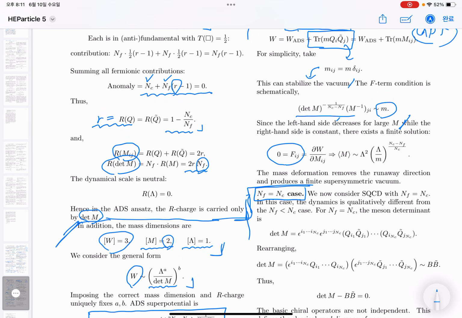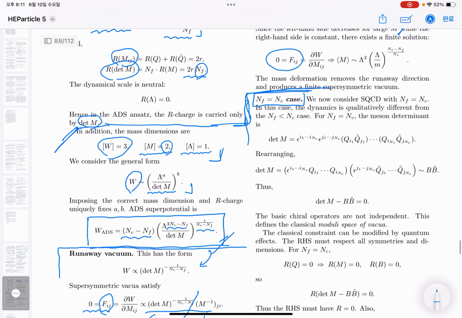Also, we can consider the other case rather than the inequality. If we consider SQCD with the same number of flavors and colors, then the dynamics is qualitatively different from the previous one. In this case, the meson determinant is given by the following form.